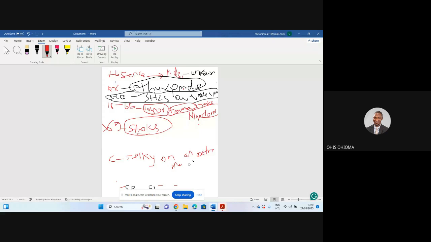So the patient jerks and then stops, jerks and then stops. There are brief pauses between the jerks in a patient with clonic seizures, right?